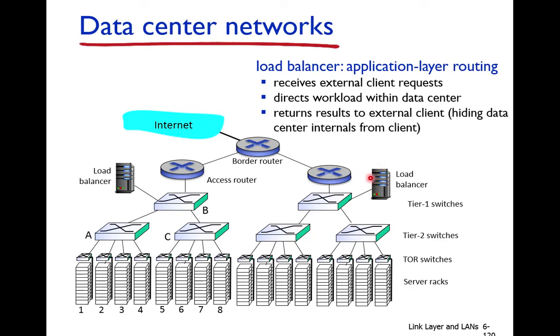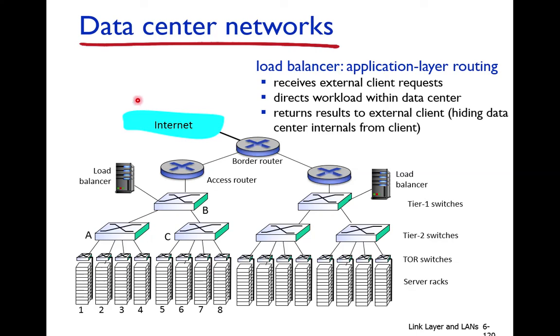The load balancer will determine whether this data should be stored on this rack, on this rack, or on this rack, such that there is an equal load on each rack.